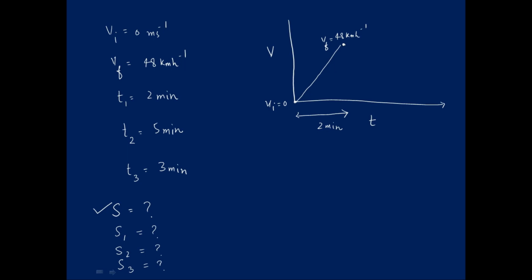Then the train maintains its velocity of 48 km per hour and travels at this velocity for some time. This time is 5 minutes.